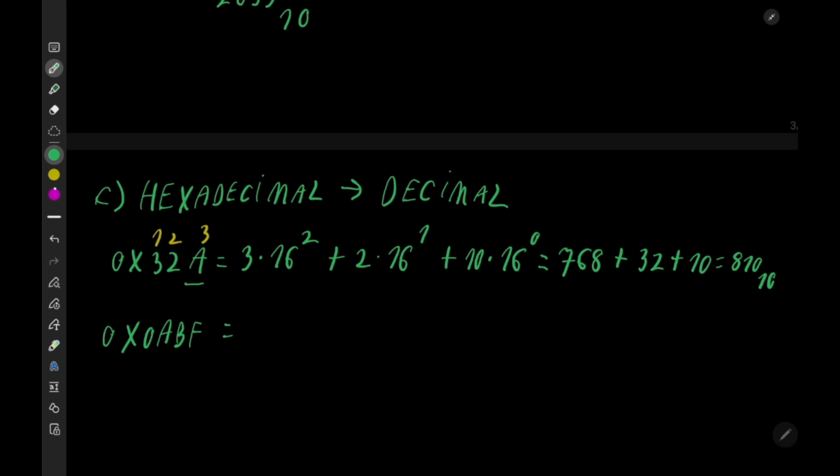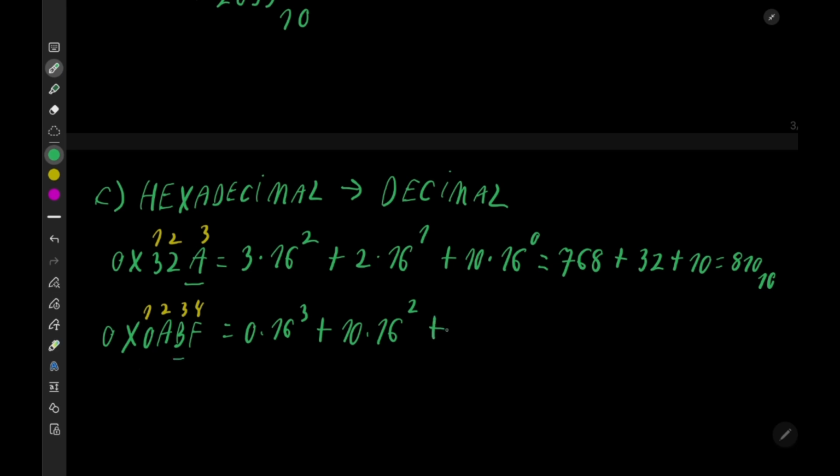Now, let's do another example. 0x0abf. We read the number of bits we have. 1, 2, 3, 4. We have 4 bits. So our largest power is going to be 16 at the power of 4 minus 1, 16 at the power of 3. And we must end at 16 at the power of 0. So we're going to have here 0 times 16 at the power of 3 plus a, we know is 10, so it's going to be 10 times 16 at the power of 2.